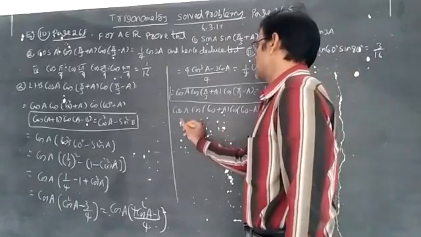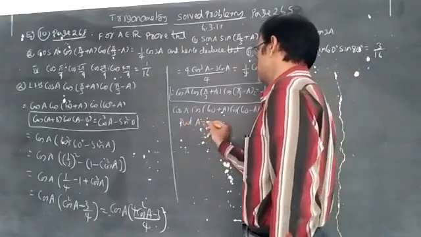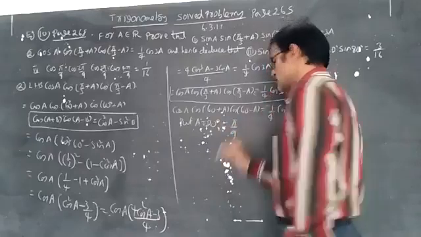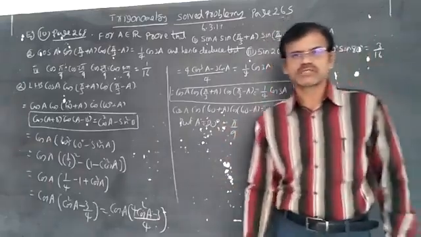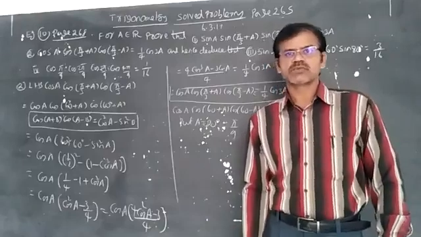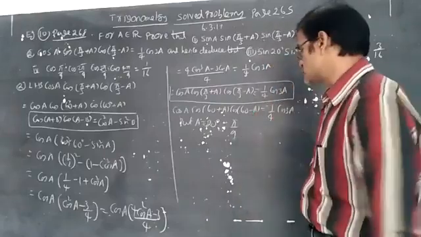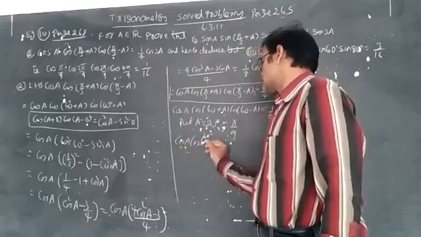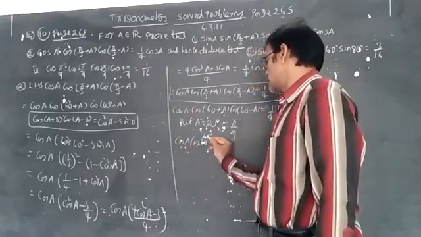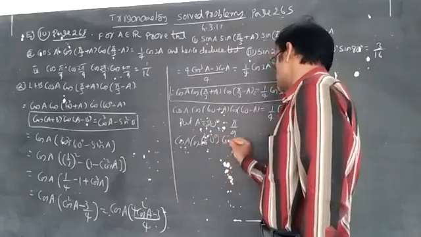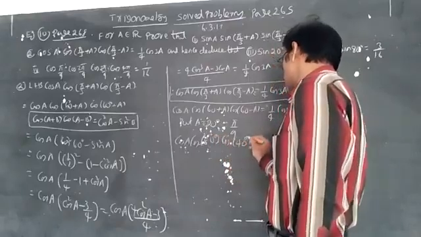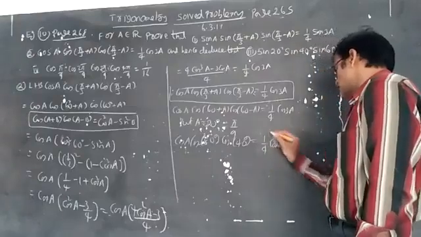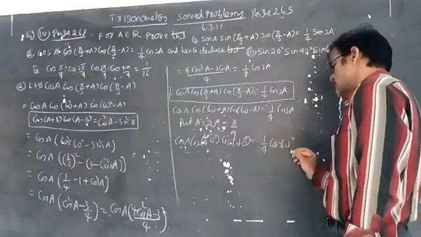Now put A equal to 20, that is π/9, because π means 180 degrees, and 180/9 is 20 degrees. So cos A into cos(60 + A), directly you can write 80 degrees, into cos(60 − A), which is 40 degrees, is equal to 1/4 cos(3 × 20). 3 twenties are 60 degrees.